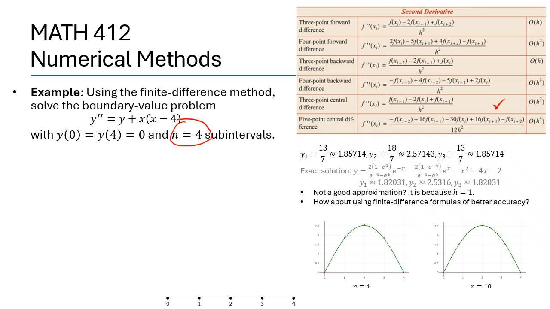So here, the two endpoints are 0 and 4. So we use 4 subintervals, and the step size h is 1. This is like solving initial value problems.